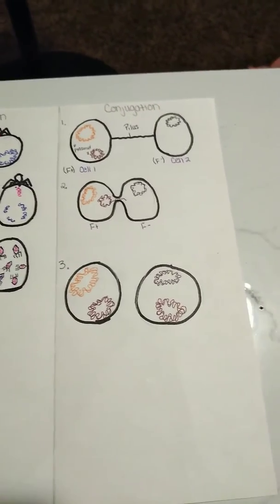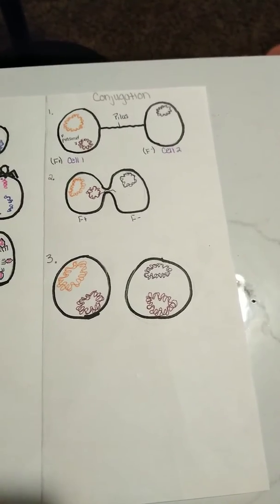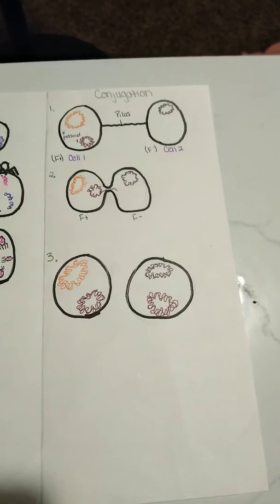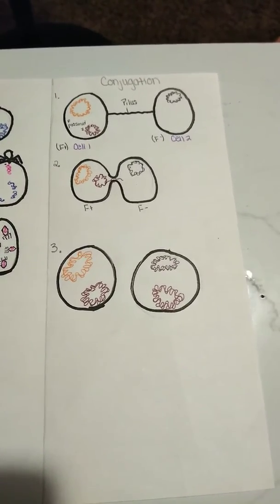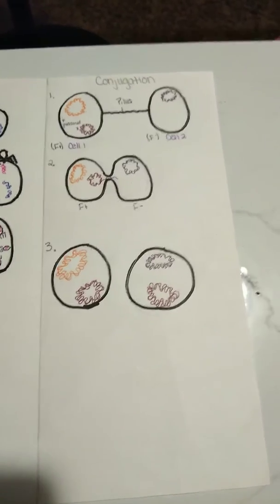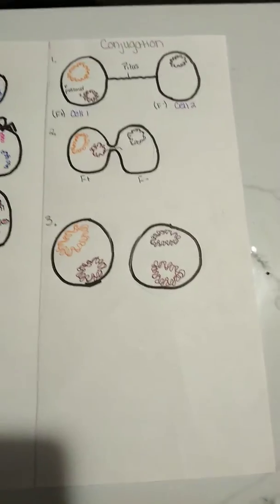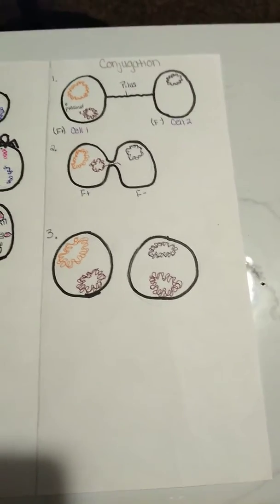They have the R plasmid, the resistance plasmid, which makes it resistant to some antibiotics. And they do have a virulence plasmid, which helps it kill any other bacteria around it to eliminate competition basically. So for this example, I use the F plasmid.